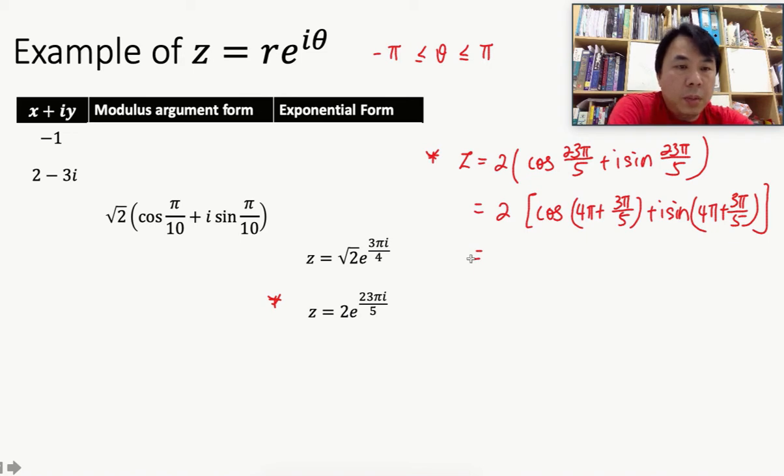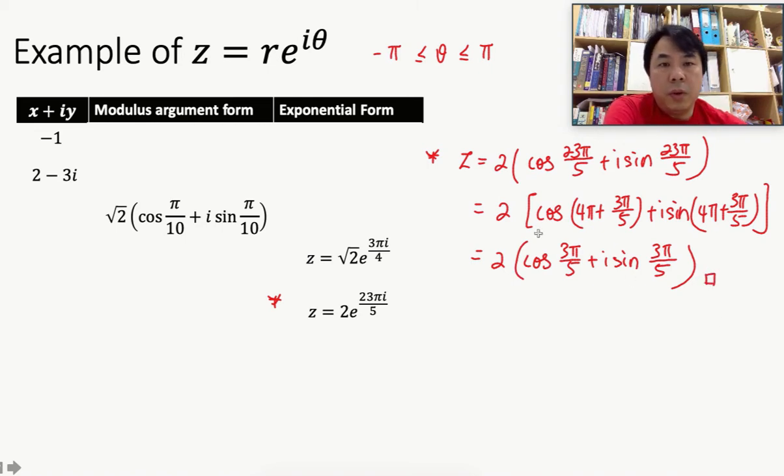And then from here, we will try our best to simplify this. We know that the 4 pi basically means we go through 2 cycles in this case, and then come back to this one here. So we can safely write this as cosine 3 pi over 5 plus i sine 3 pi over 5 there. And then that will be the correct modulus argument form that satisfies this domain here, right? So I hope that is clear.